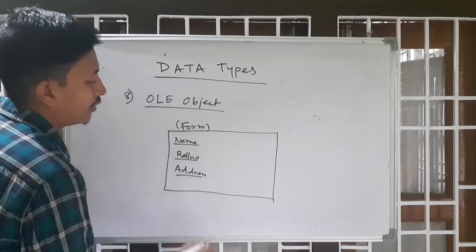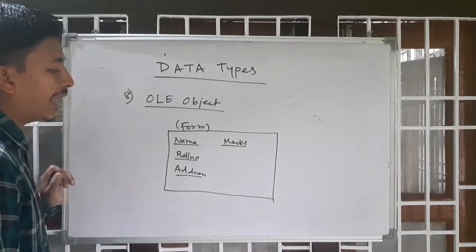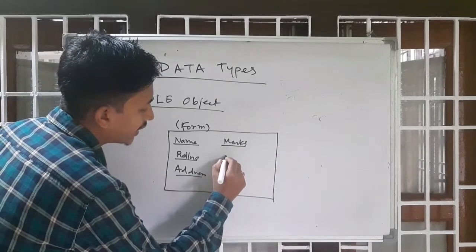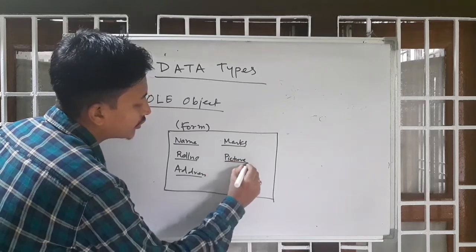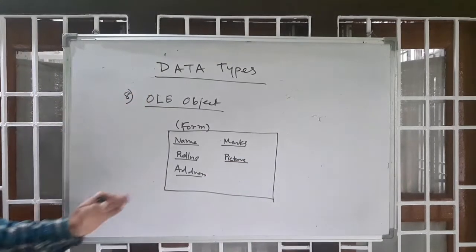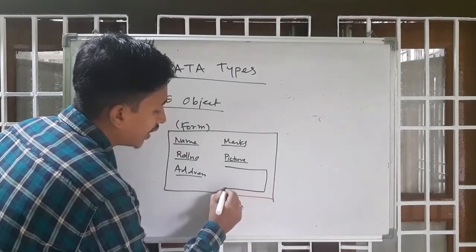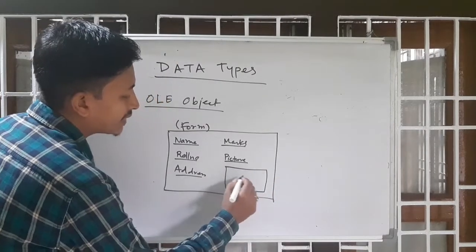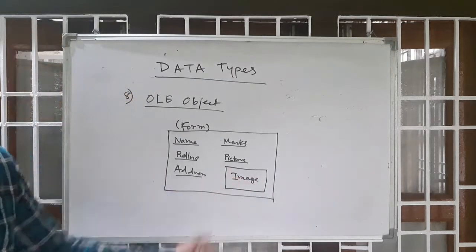Okay, now in this marks field, and here the picture of the student. In the picture field of the student, I can include a picture or an image in that place.